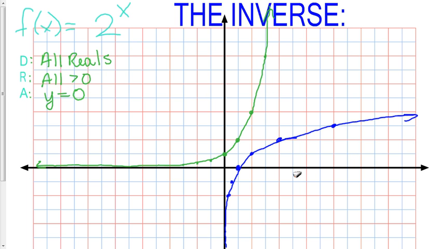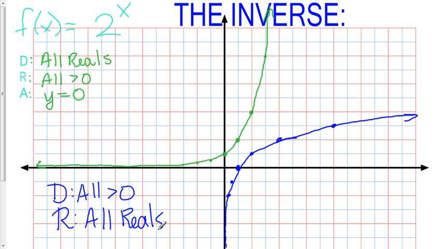Now, this function, as you look at it, the domain is everything greater than 0. The range would be all reals, because you can get any real value here. And the asymptote is now going to be x equals 0.